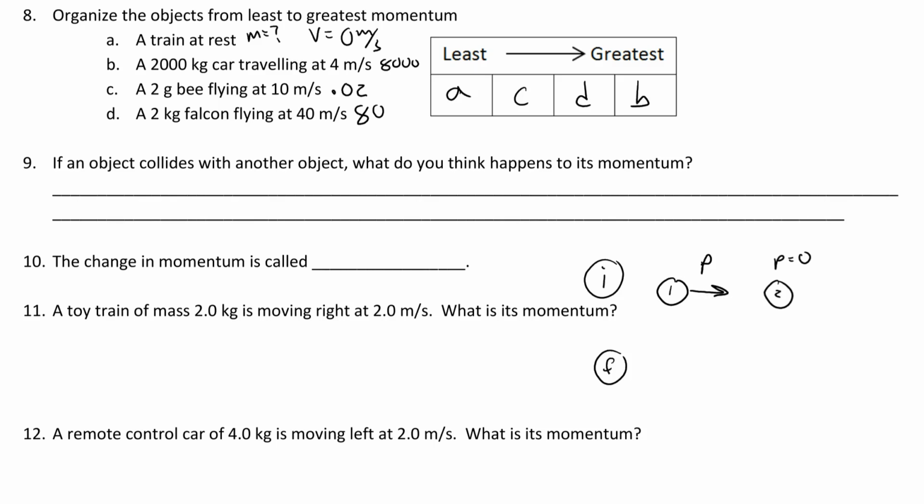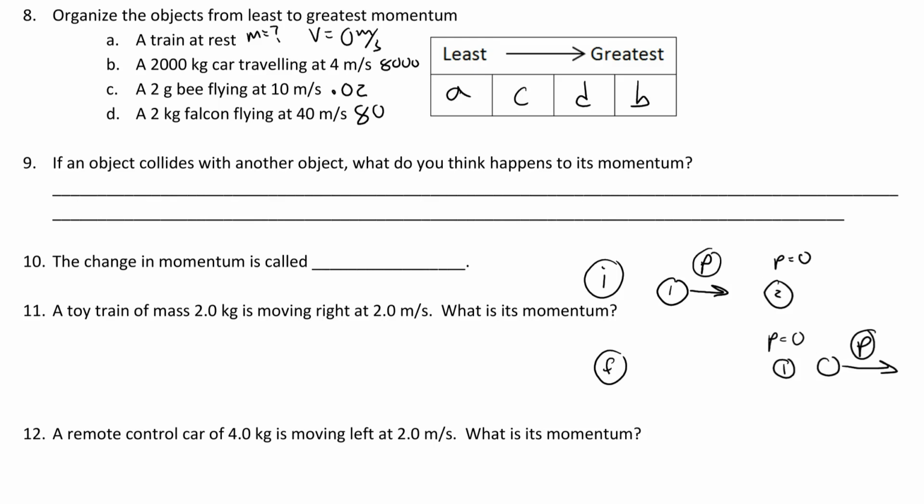Maybe ball 1 then comes to a rest. You ever see that before in a pool hall? This one comes to a rest and the second one goes off with some momentum. Well, if this is now 0, then this momentum has to be equal to that momentum. That's like the most basic version of the law of conservation of momentum. It's just the total momentum gets transferred from one to the other because there's at least one that's at rest.